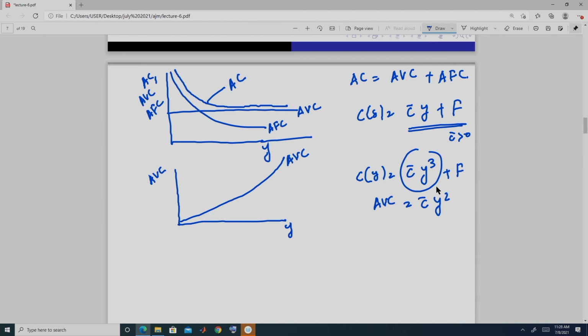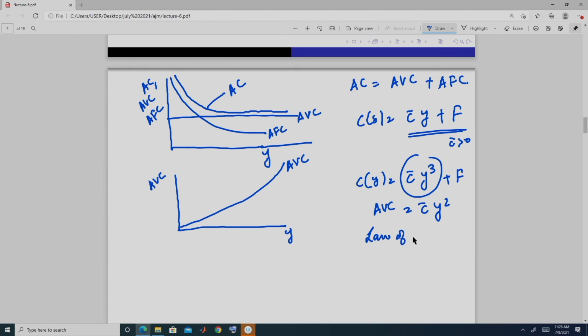And when do we get such a kind of curve? One, when one factor is already fixed. So, due to the law of diminishing marginal product. So, what is happening? As we are increasing the output, per unit cost is increasing, right, here.